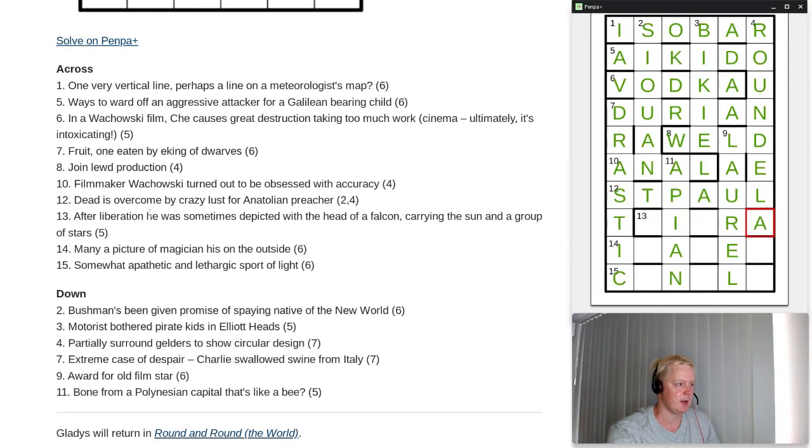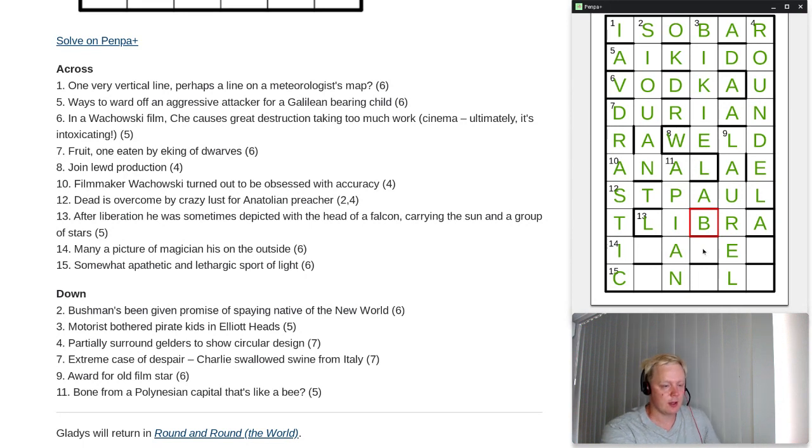He was sometimes depicted with the head of a falcon carrying the sun. All of this gives us just the 2 letters. And the answer is going to be a group of stars. Now, liberation can be abbreviated lib, like women's liberation. And if you put lib before Ra, we get Libra, which is a constellation, a group of stars.